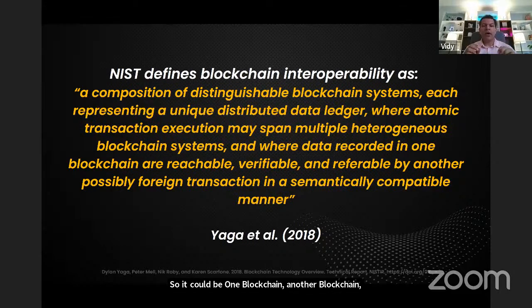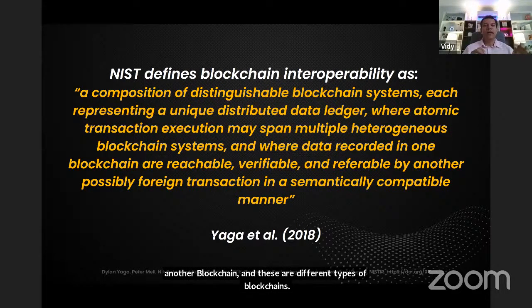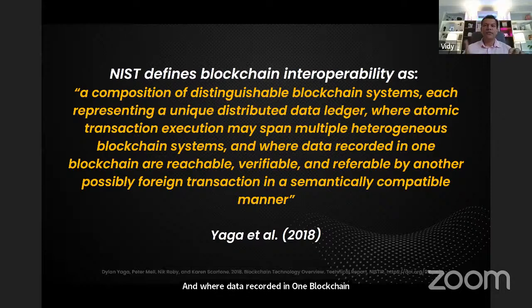And where data recorded in one blockchain are reachable, verifiable, and referable by another, possibly a foreign transaction, in a semantically compatible manner. In simple words, if this blockchain is going to use information from any other heterogeneous blockchain, it should be able to reach and get that information, verify it, and later refer to the fact that we got this information from that blockchain for this purpose.